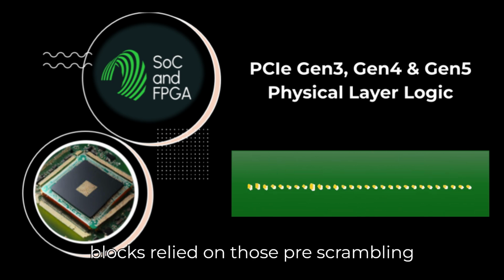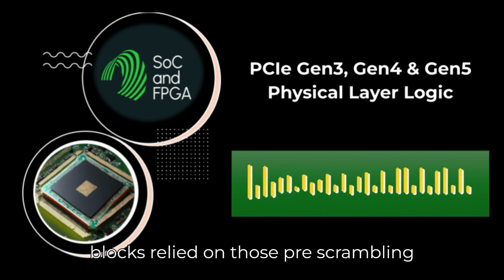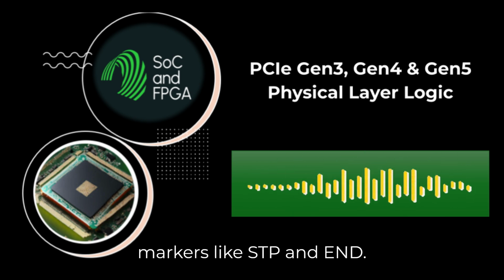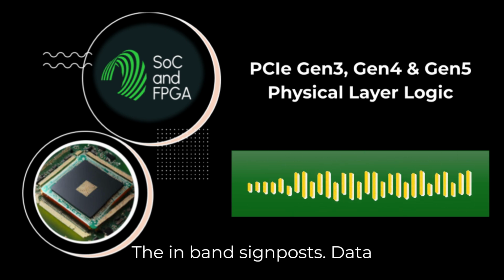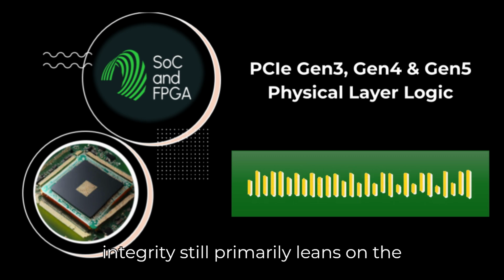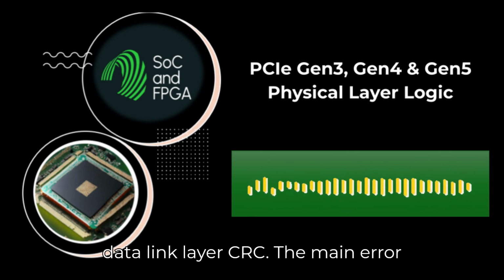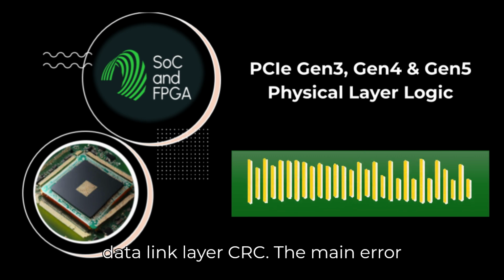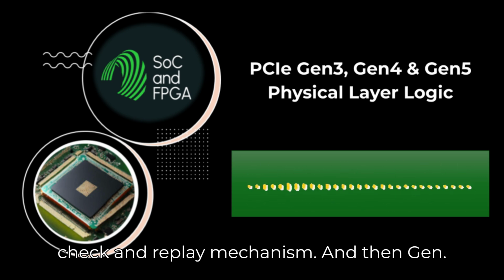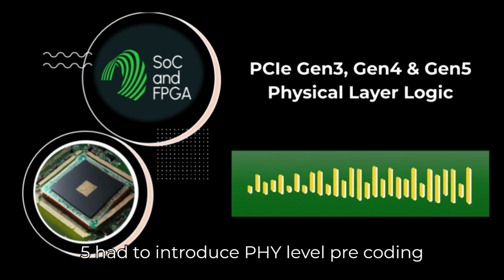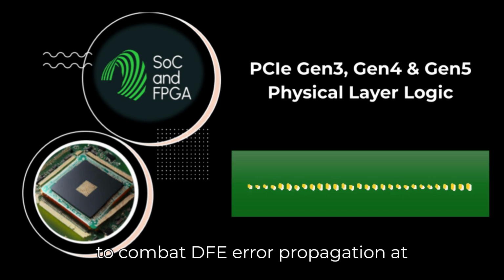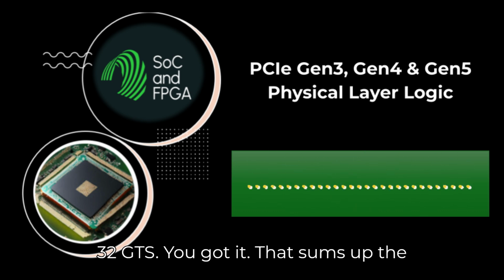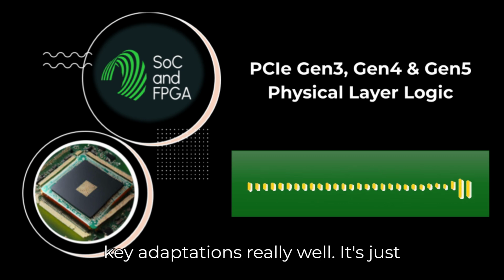Framing packets within blocks relied on those pre-scrambling markers, like STP and END. The in-band signposts. Data integrity still primarily leans on the data link layer CRC. The main error check and replay mechanism. And then Gen 5 had to introduce PHY-level precoding to combat DFE error propagation at 32 GT/s. You got it. That sums up the key adaptations really well.